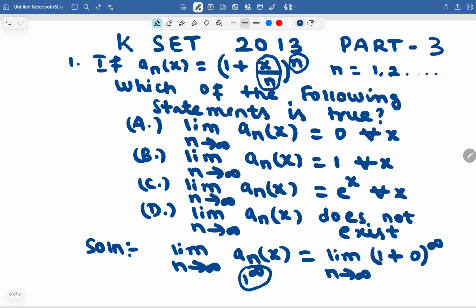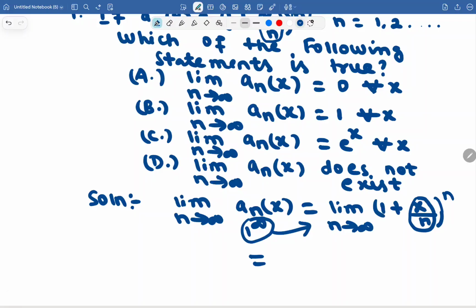Since it is of the form 1 power infinity, we may write it like e power limit n tends to infinity f(x) into g(x). Here x by n into n get cancelled.